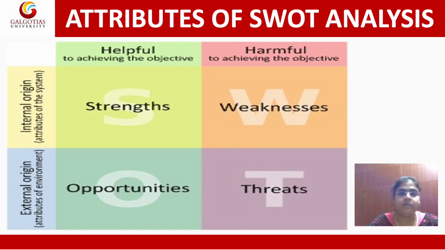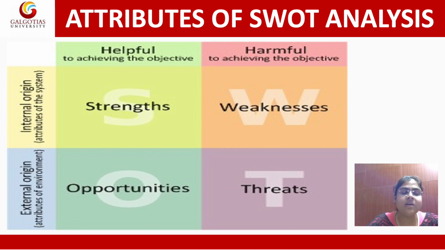Next are the attributes of the SWOT analysis. What are the attributes of the SWOT analysis? We have learned what SWOT is: strengths, weaknesses, opportunities and threats. If we look at this diagram, the strengths as well as weaknesses, an organization has both, but they are related to the internal side of an organization.